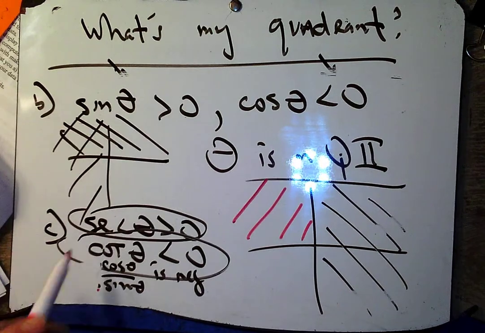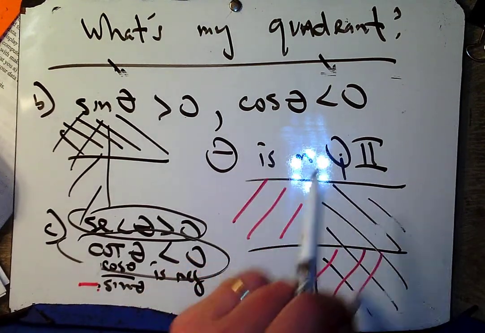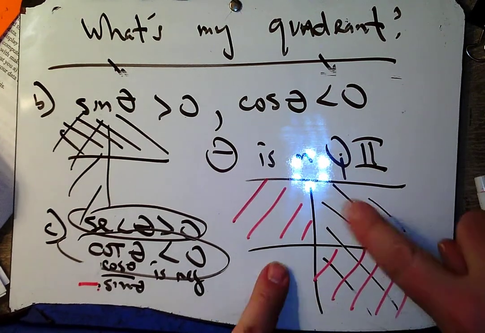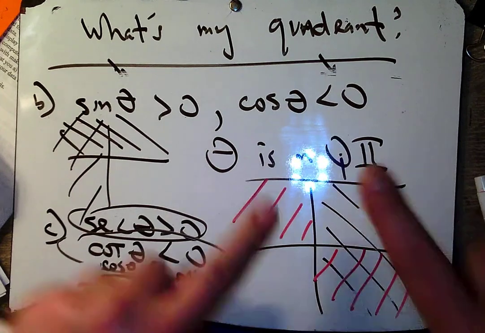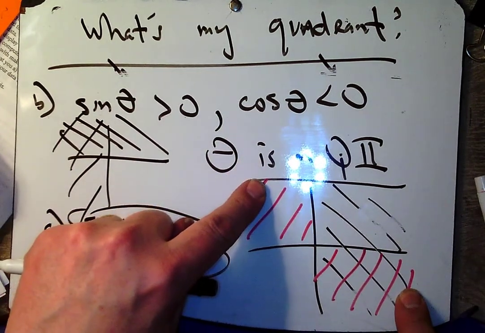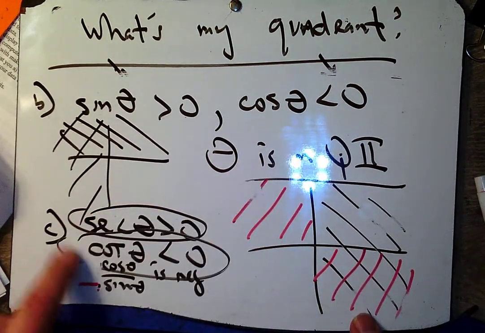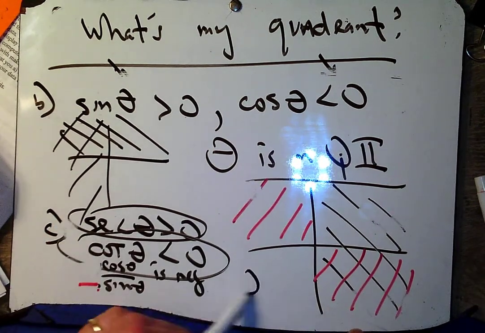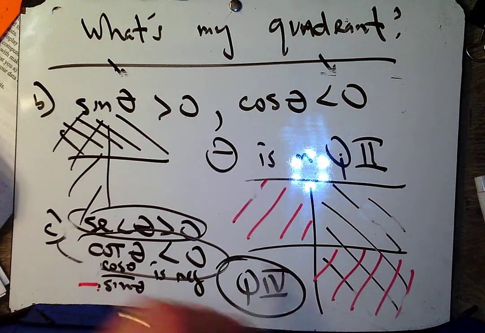And if we make the cosine positive and the sine negative, we'd be talking about over here in fourth quadrant. Tangent and cotangent are positive here. Tangent and cotangent are negative here. And our overlap with secant theta is greater than 0. That's fourth quadrant. Quadrant 4 is my answer to this problem.